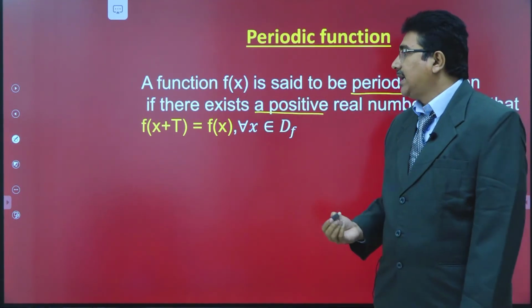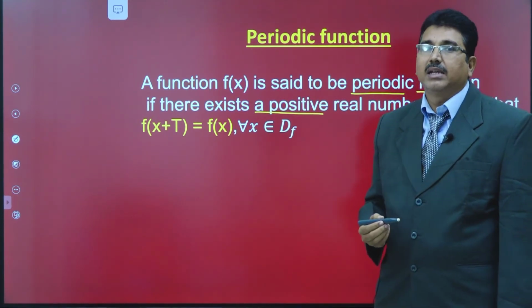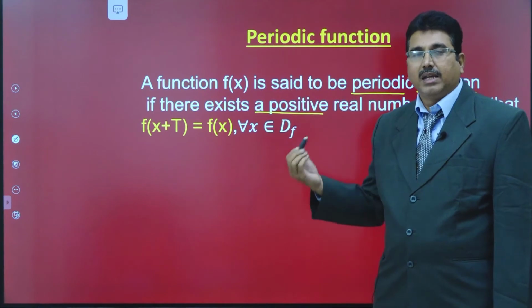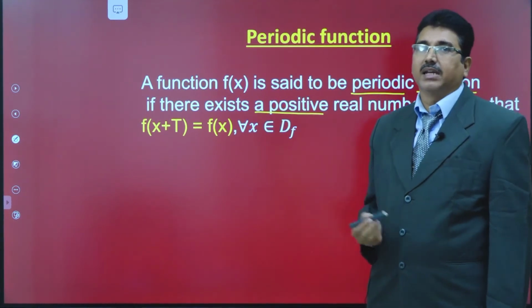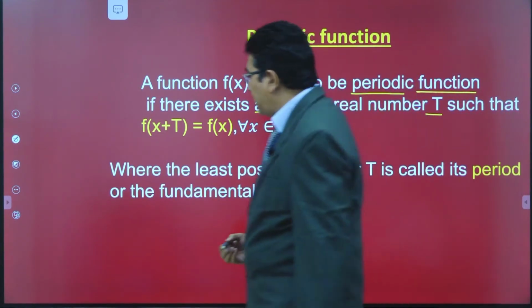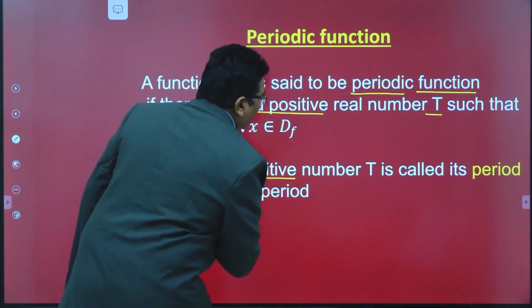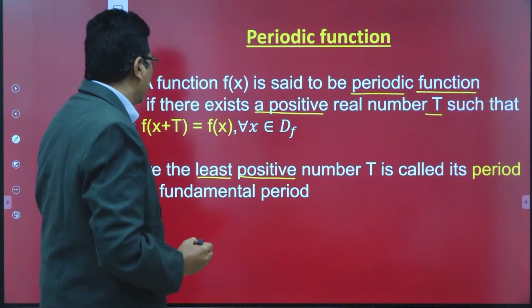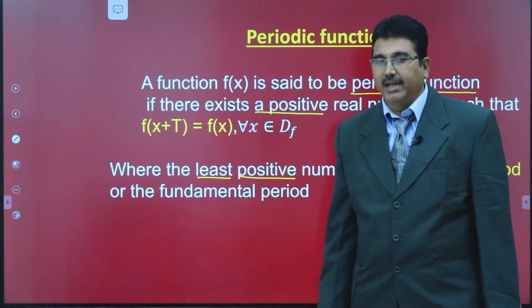There are many values of t satisfying this equation. At that time, what is the period of a function? The least positive number t is called its period or the fundamental period.